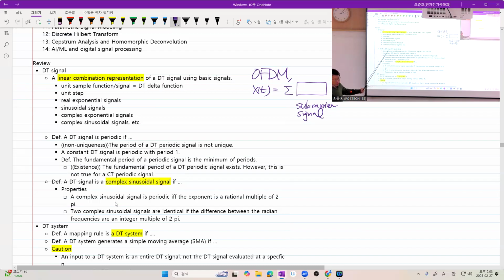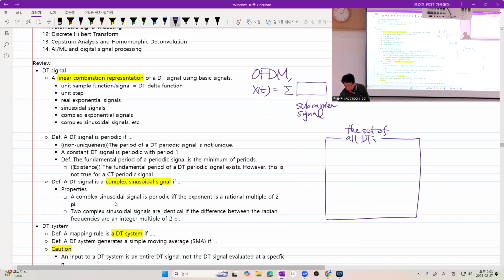One of the most important classes of discrete time signals: here is the set of all discrete time signals. Of course, the subset is very small, but let me exaggerate the size. So here is the subset of periodic signals. And among periodic signals, we have some complex sinusoidal signals.